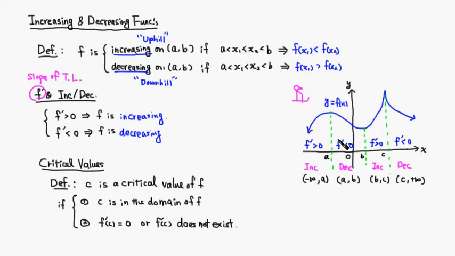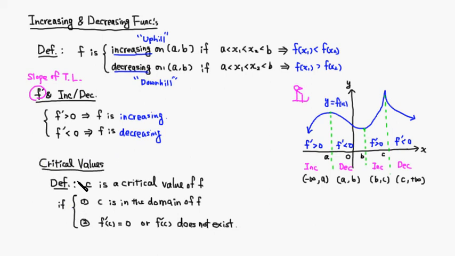So there's a close relationship between the sign of the derivative and the increasing decreasing behavior of the original function. All right, so we know what happens when derivative is positive or negative. What if derivative is 0 or does not exist, right? That's where critical values come in, right?